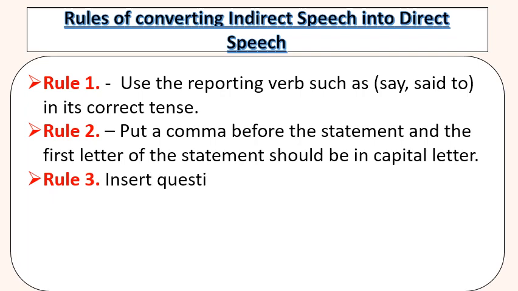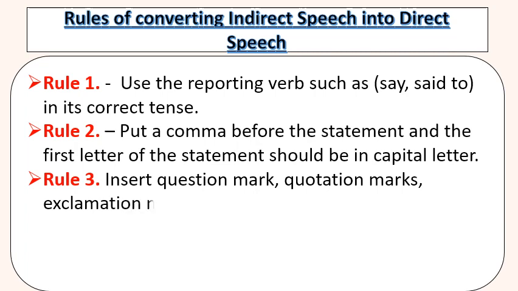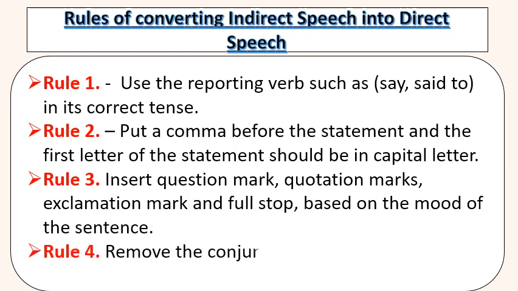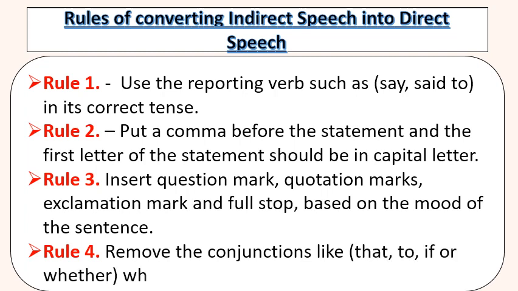Rule number 3, insert question mark, quotation marks, exclamation mark and full stop based on the mood of the sentence. Rule number 4, remove the conjunction like that, to, if or whether wherever it is necessary. Basically we are removing conjunctions that, to, if or whether, and instead of these conjunctions we are putting comma, inverted commas.